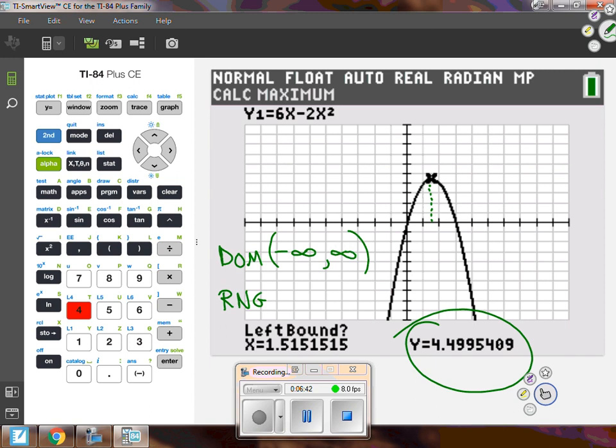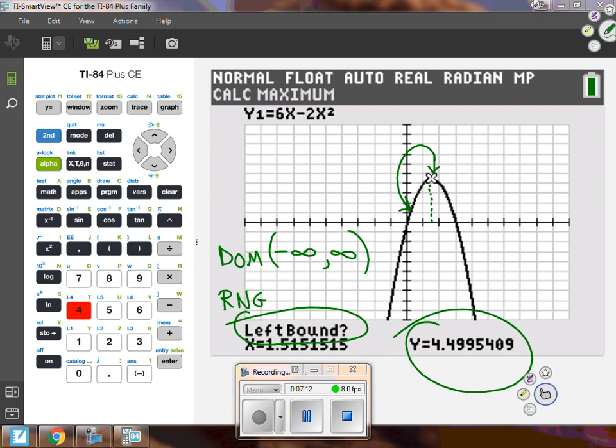Now, a lesson in finding the maximum. You see this little blinky right now as it sits. Move it to the left, anywhere over here. Put it over there somewhere, because it wants you to establish a left bound. It needs a little window to look inside to find the maximum. So you're telling it go from here to there and look for a maximum in that zone.